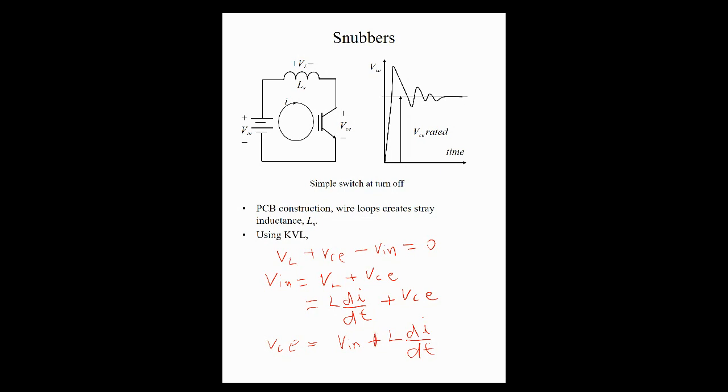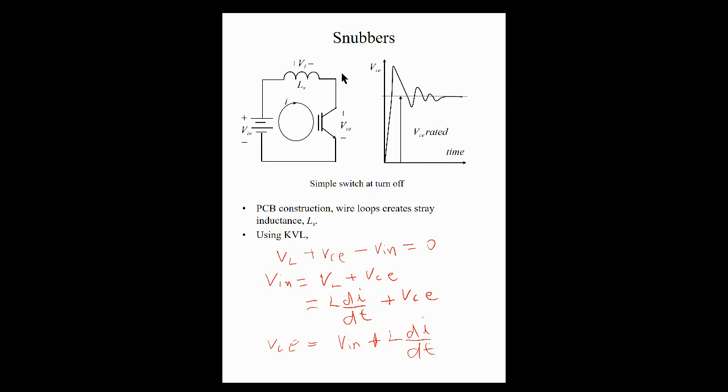So what you observe here is that there's a high voltage across the switch, VCE. And this is what we need to protect the switch against, because it can damage the device.